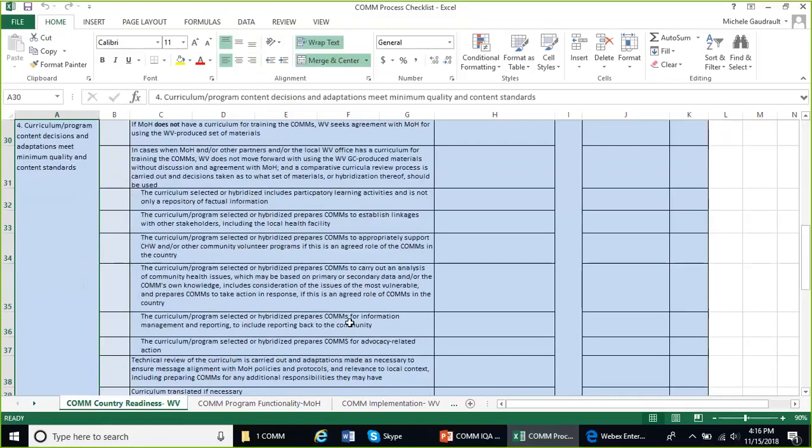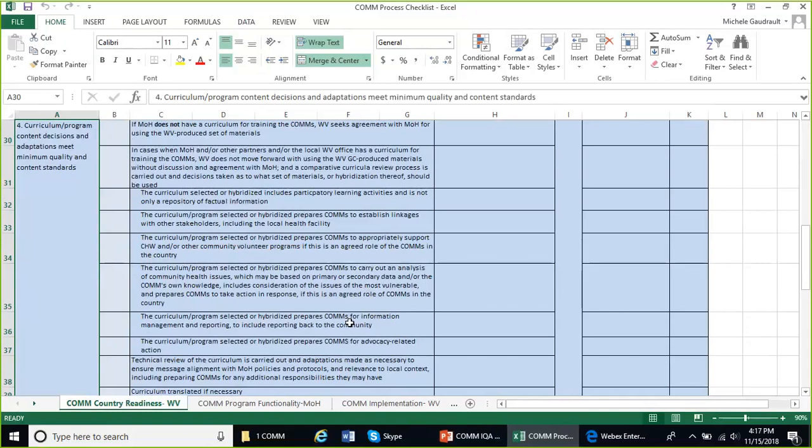We have an element related to curriculum. So World Vision has a set of materials for training comms, but if MOH also does, then there are front-end processes of entering into dialogue with MOH and reaching agreement on the package of materials to use with the comms.